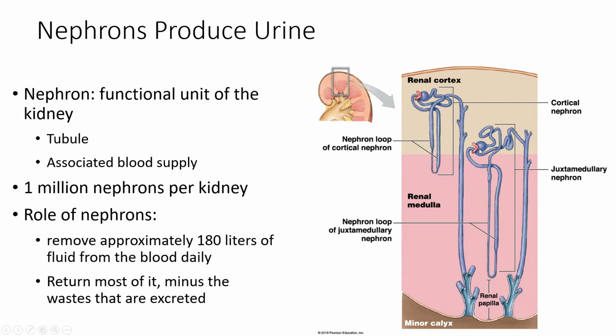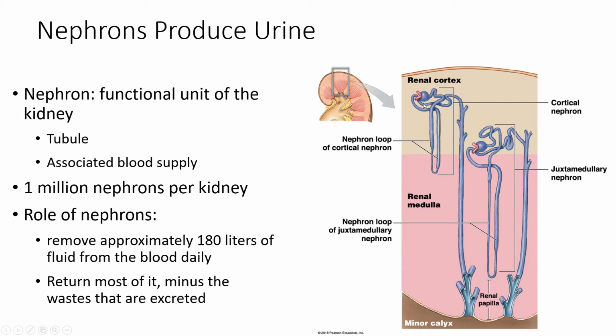And the distinguishing part, other than location, is that juxtamedullary nephrons have very long nephron loops that permeate or go deep into the medulla. And these nephrons are very critical for producing concentrated urine, whereas the cortical nephrons are responsible for most of the regulatory functions of the kidney.